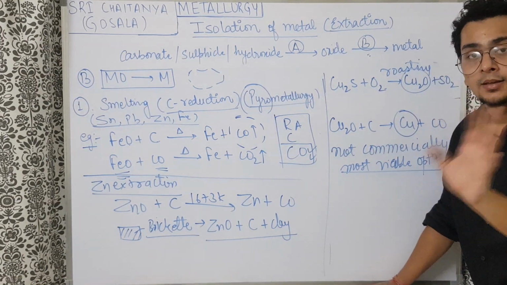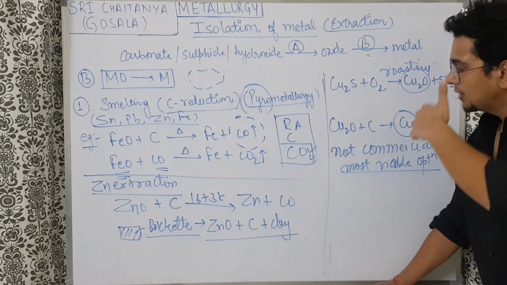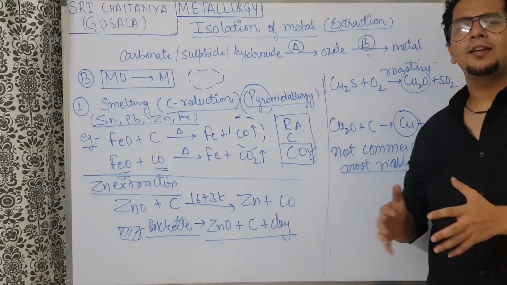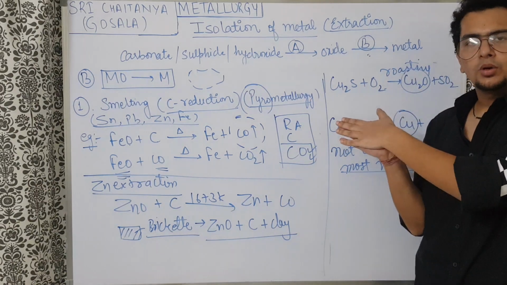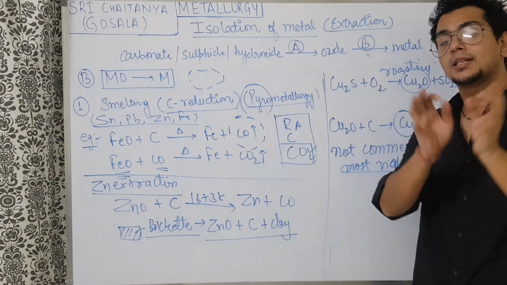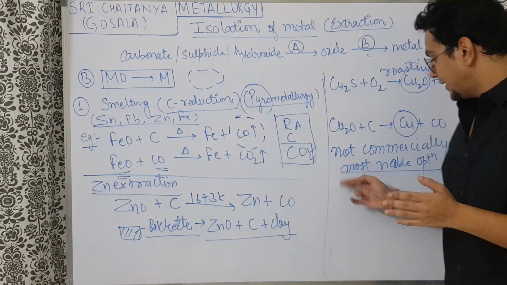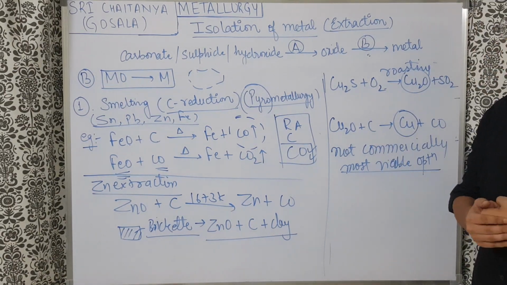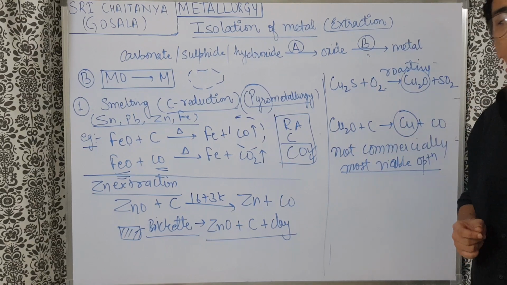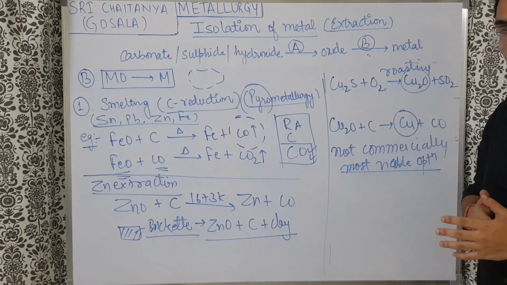Money is the main driving force here. So there can be thousands of chemically feasible methods of getting copper from copper ore, but we will choose the method which is the cheapest one. This is possible, but this is not the commonly used method for the extraction of copper. We use another method which is known as self-reduction. We'll discuss it in the later phase.